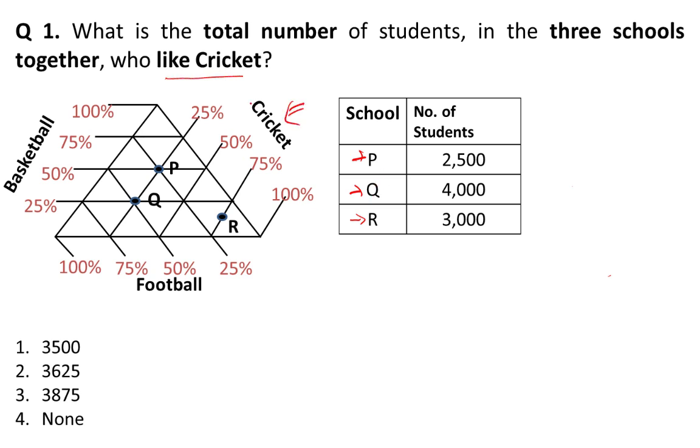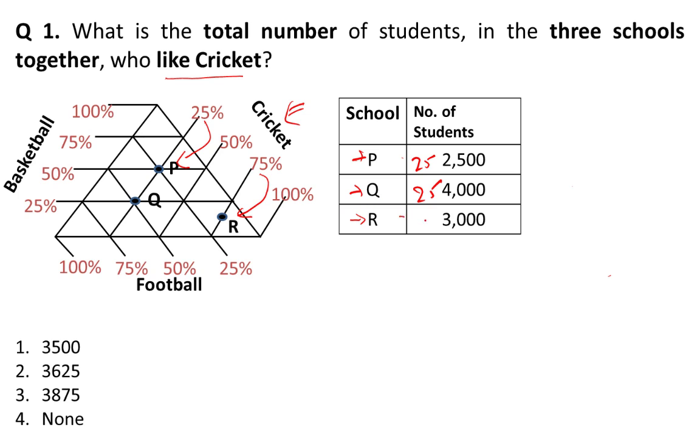Okay. Now we know how to read this percentage. What I can observe here, 25% of school P likes cricket. School P 25%. What about school Q? It's also 25%. How about R?